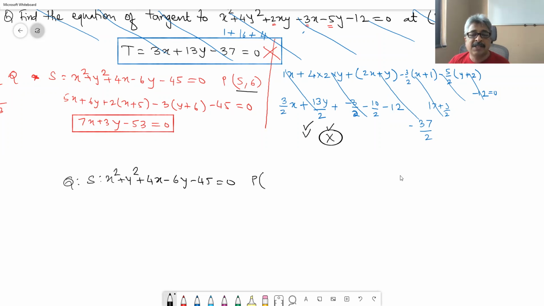Now we have done this. Let us do, what do we do? Let me give you point 5, 8. Can you find equations, or is it going to be very difficult for you to do?